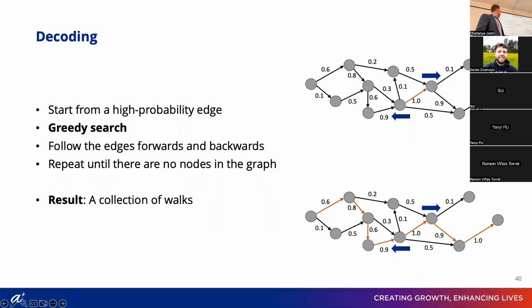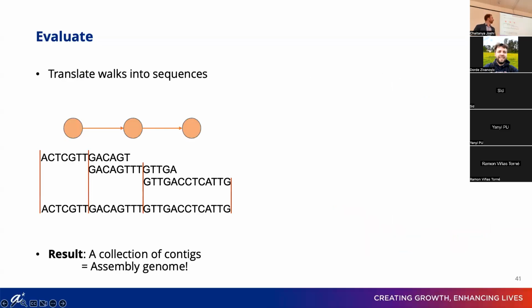You repeat this until there are no more nodes in the graph, or until a certain threshold, where the graph is too small, or your decoded walks are too small. You stop, you get a collection of walks, and then you need to translate them into sequences, which is a straightforward thing. Since each node is represented with a string, you just find these overlapping regions, and that's it.